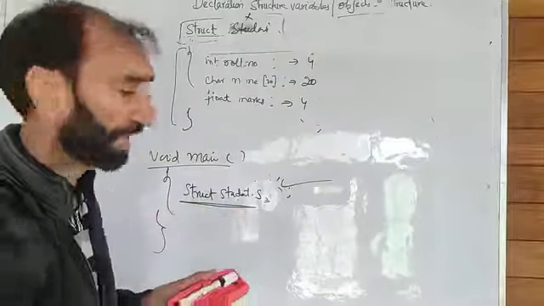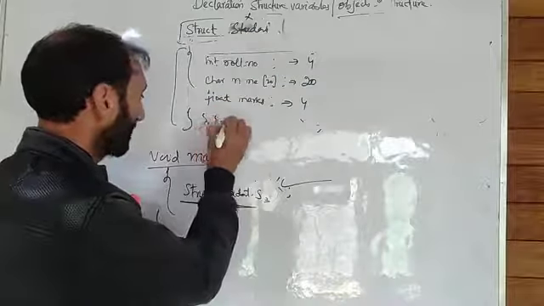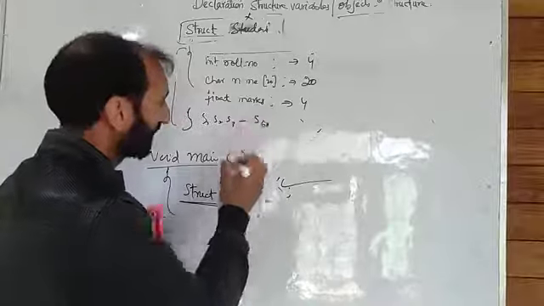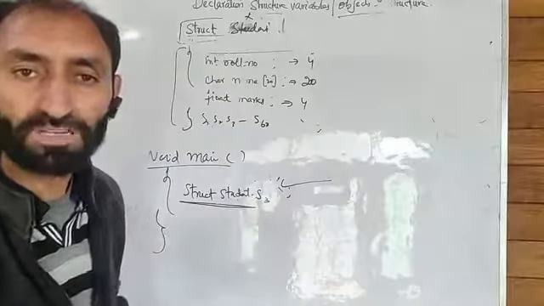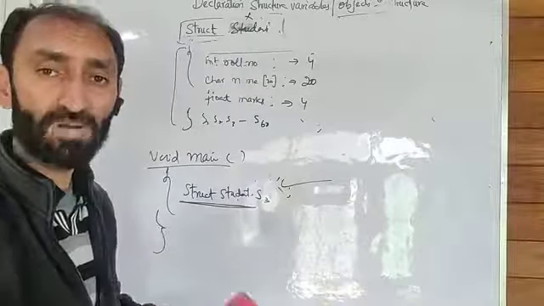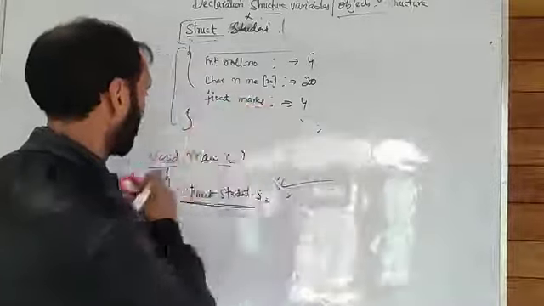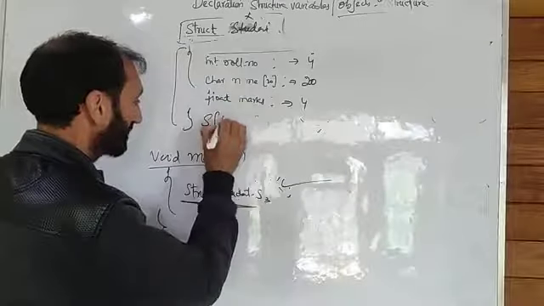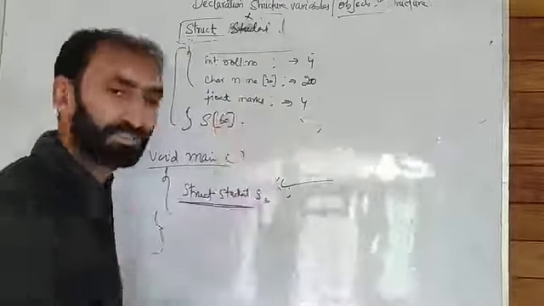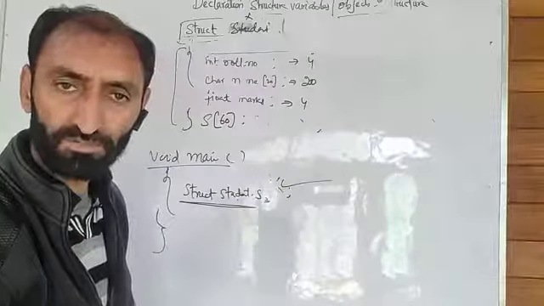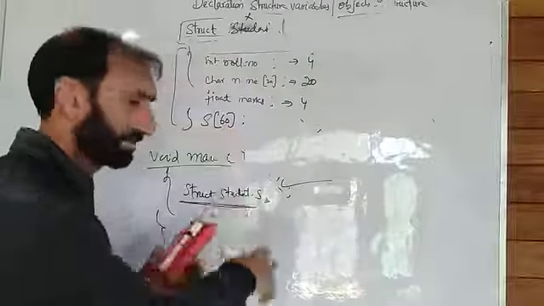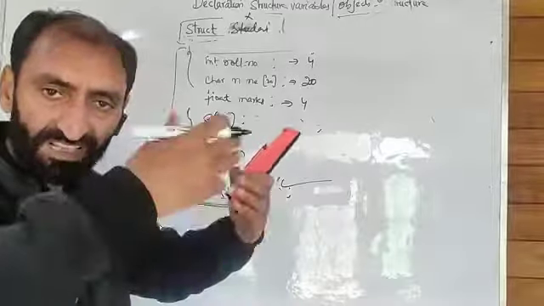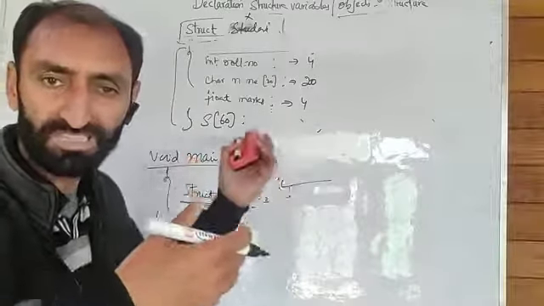Now, writing S1, S2, S3, up to S60 is not a good programming practice. At that time, I can use arrays. For example, I will write S of 60. This is one more way of declaring objects, structure arrays.